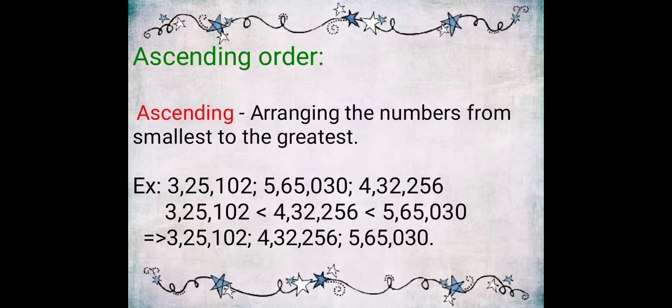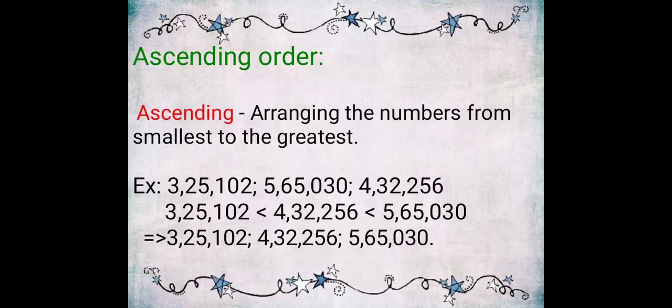So the first number will be 3,25,102, which is less than... After 3, what should come? It is 4. So the number 4 is in the lakhs place. Now 4,32,256. After 4 in the lakhs place, which number should come? The number which has 5 in the lakhs place. Very good.